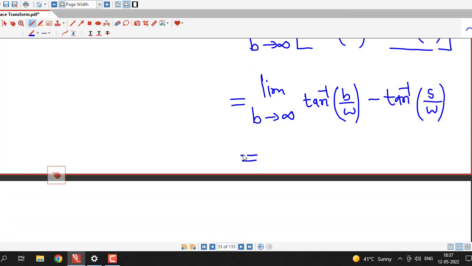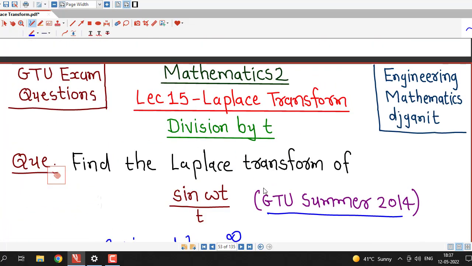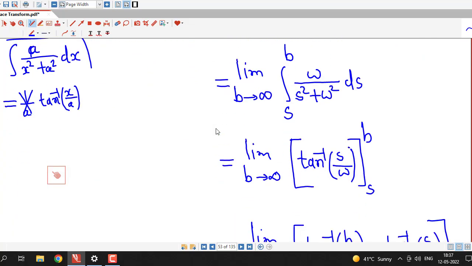Now if we take b tending to infinity here, we will have tan inverse infinity divided by omega, and suppose omega is positive, this will be tan inverse infinity. So here we can assume that omega is a positive constant. If it is not positive, we have to consider two cases.